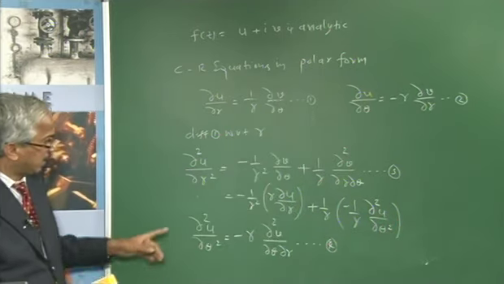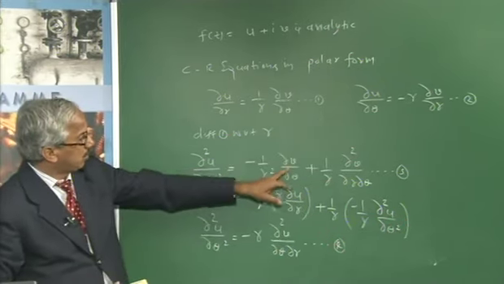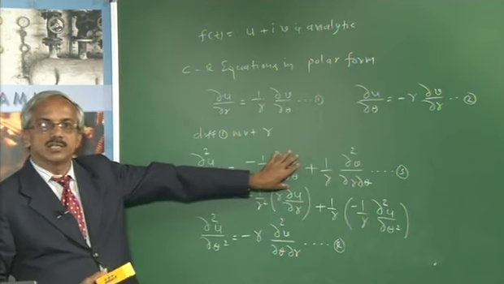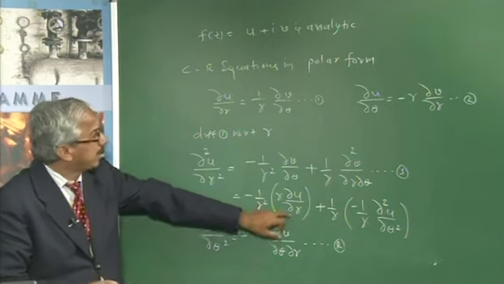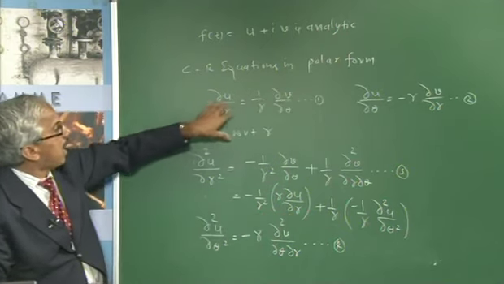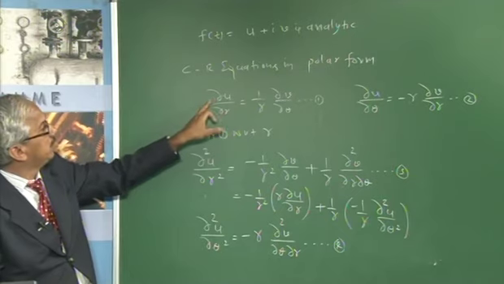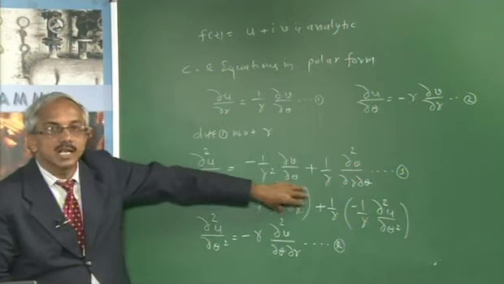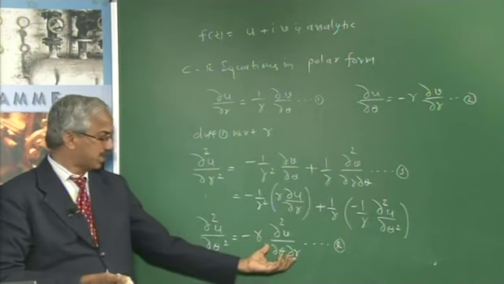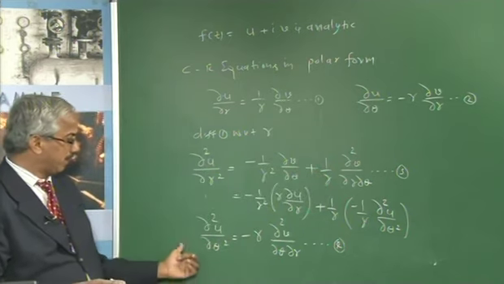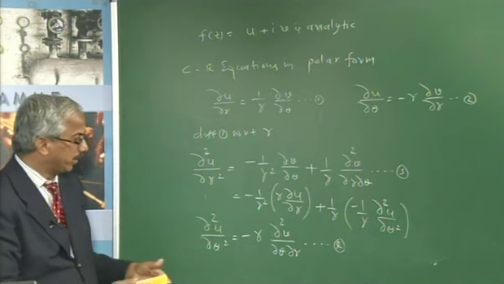Just I repeat once again, I want to replace this in terms of u with respect to r or u with respect to theta. From this relation I change this one into r into dou u by dou r, and again I replace this one from this expression, minus 1 by r into dou square u by dou theta square.